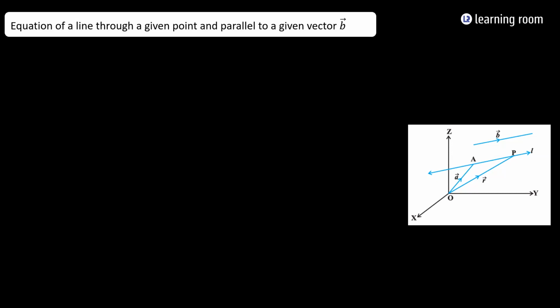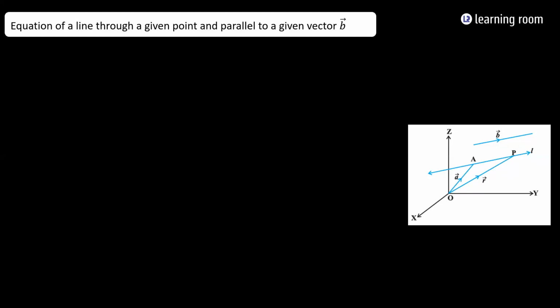That means if a point is given to us, along with that point, we also know the line to which the expected line is parallel. I repeat it again. So the topic is equation of a line through a given point and parallel to a given vector b.